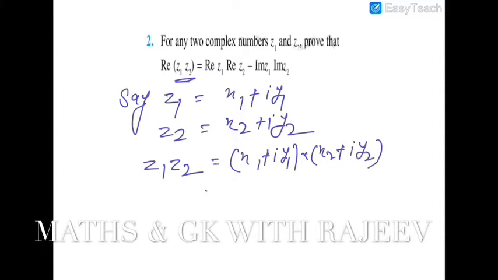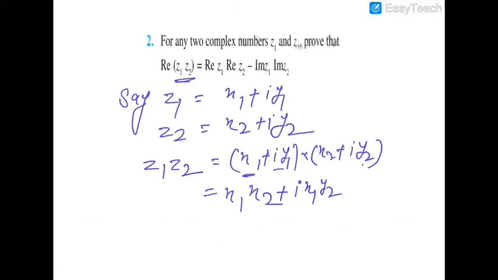If we multiply, we get x1 x2, then i into x1 y2, then i into y1 x2 or x2 y1, and the last one gives plus i square y1 y2.